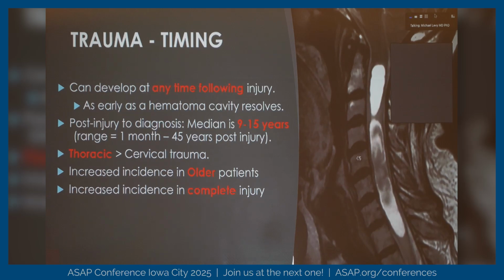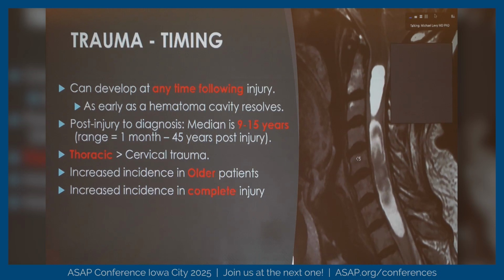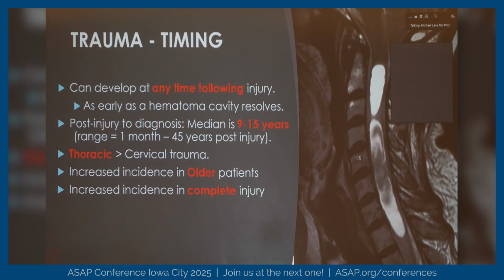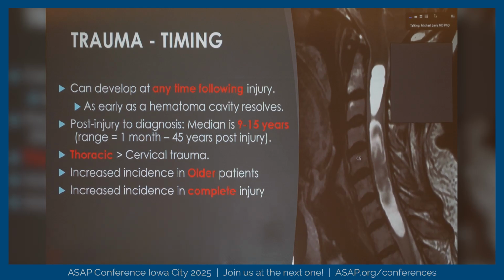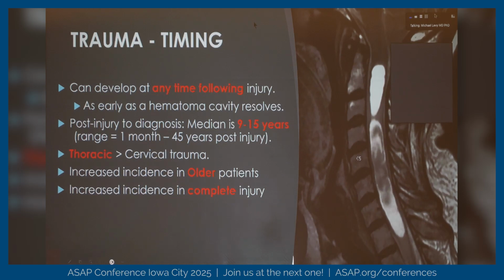Given that there's a larger thoracic space, thoracic location tends to exceed that of cervical location following trauma. The incidence is increasing in older patients. It is also increasing in complete injury with no functional recovery.